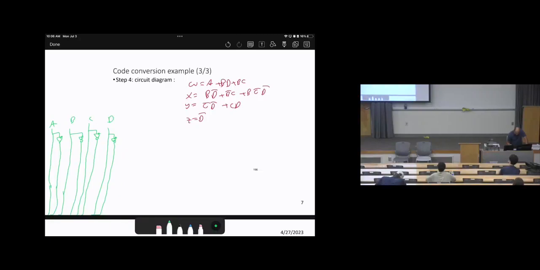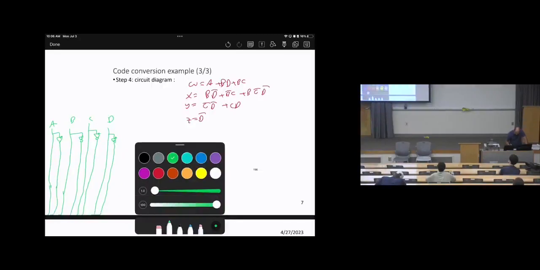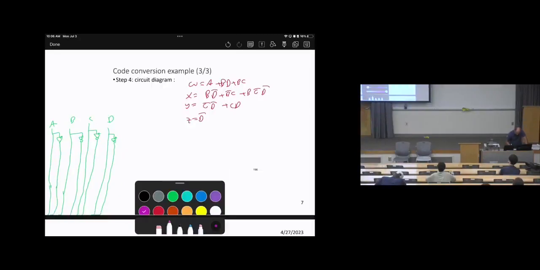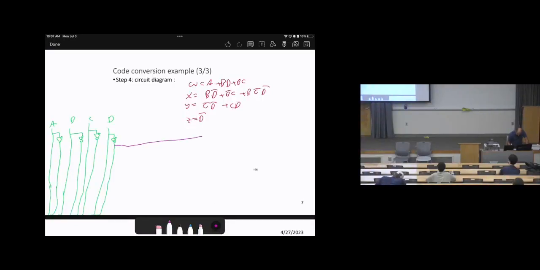So let's start with Z first. Z equal to D bar. So here is D bar, then here is the output, Z. Y equal to C bar D bar plus CD. C bar D bar, which is AND, then plus, which is OR, CD, which will be AND. So let's do C bar, D bar first. Here is C bar.